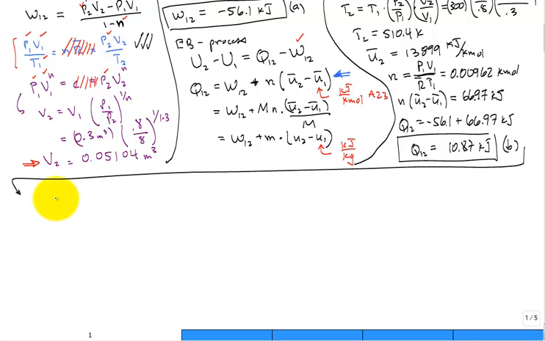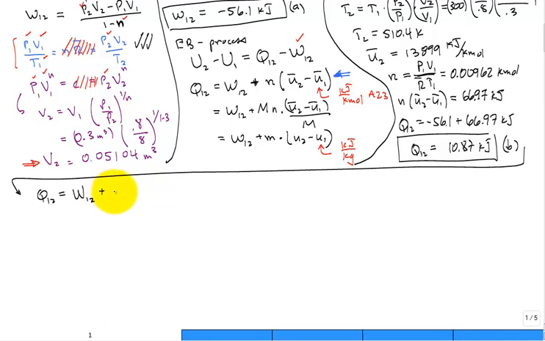If we're interested in calculating Q1 to 2, the energy balance equation is work 1 to 2 plus the change in the internal energy. I could write it as U2 minus U1, that's fine. But here, what we want to use is our constant specific heat.